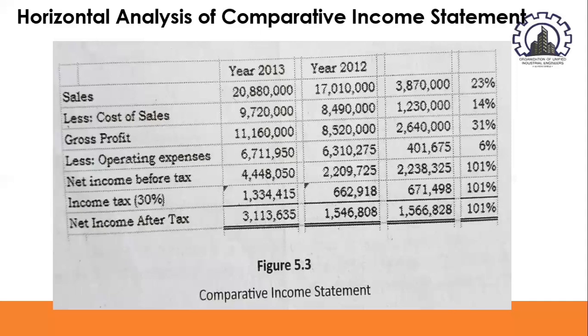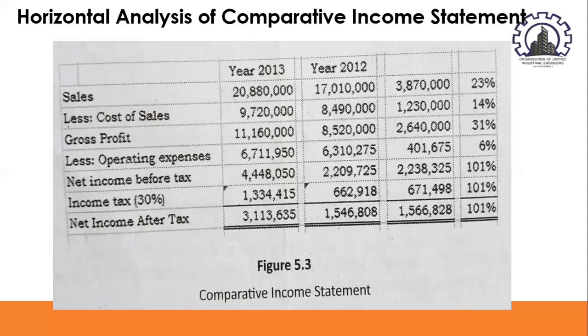Now, how do we interpret the result? As you can see, this is our result. Our sales is 23%. Our cost of sales, we have 14%. Our gross profit, we have 31%. Our operating expenses, we have 6%. And our net income before tax, income tax, and net income after tax are 101% respectively.